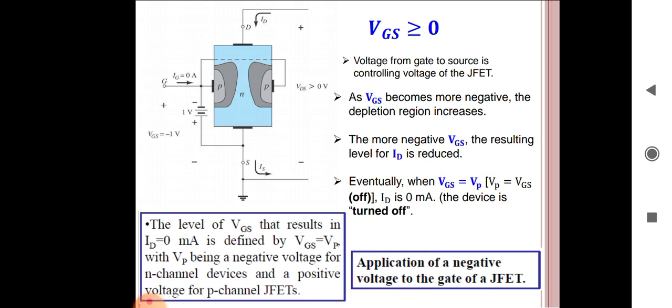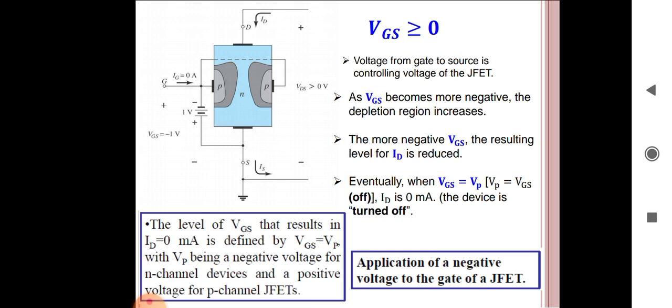Then VGS less than 0 means we have connected some negative supply at the gate terminal. Due to the reverse voltage applied across the gate source junction, the penetration of the depletion region inside the channel increases.